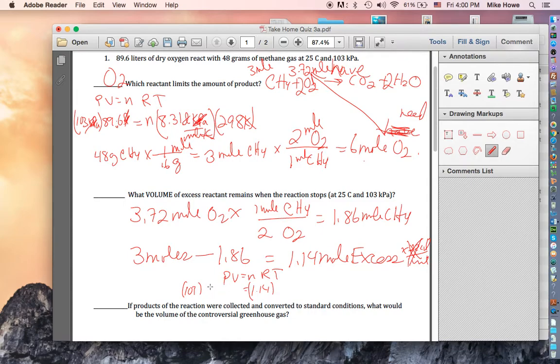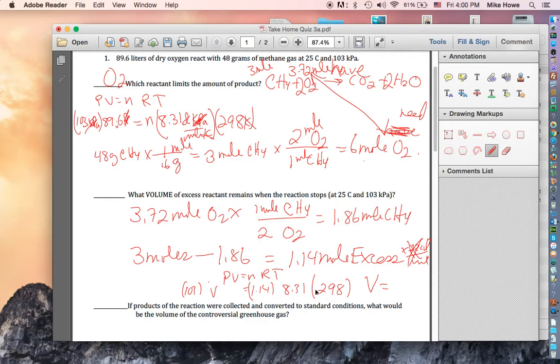So the volume is, we don't know. We're looking for that, so V. R is a constant. Since this is in kilopascals, I'm going to use the kilopascal constant again. And the temperature is 298. All right, so now I'm solving for V. You're going to multiply these 3 together and divide by 103.